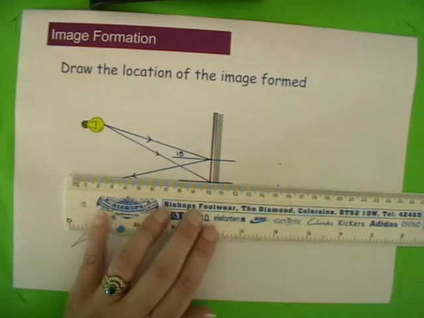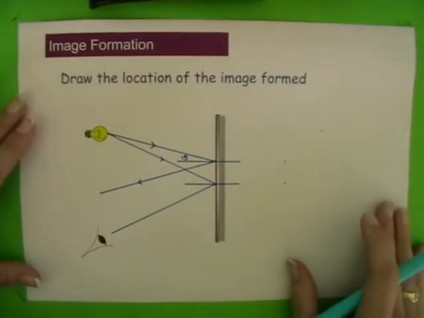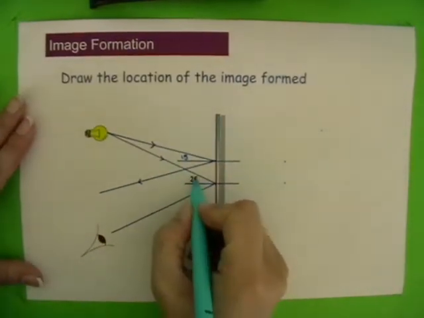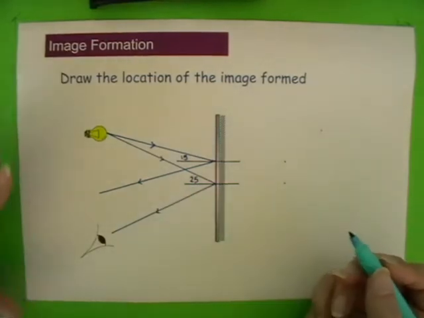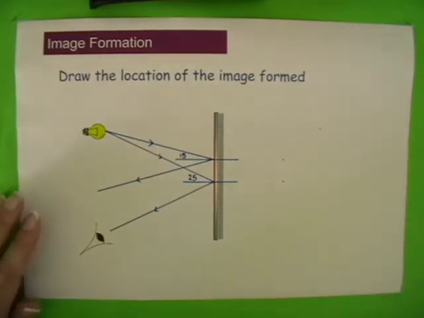And repeat that process. Having done that, I find this angle was 25 degrees. Having drawn the second reflected ray at 25 degrees, we then use a ruler.